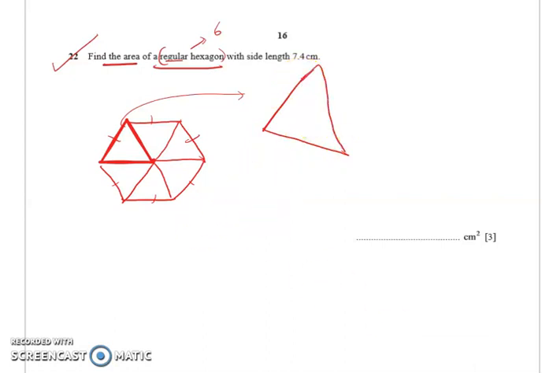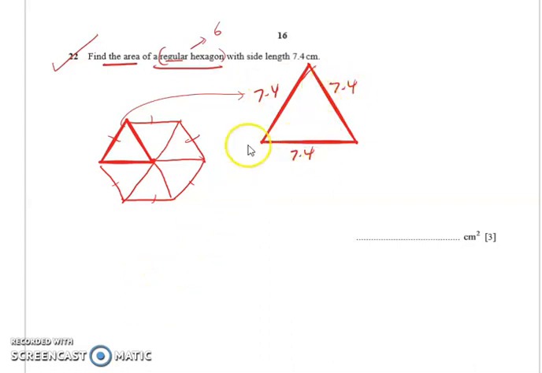So let me make it as a properly drawn triangle. Okay, so this is 7.4, 7.4, 7.4, and the angles here will all be equal at 60 degrees.